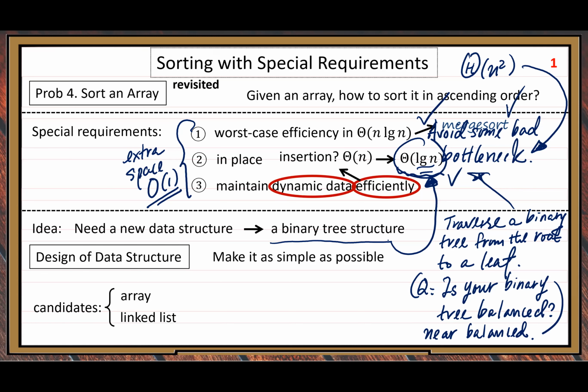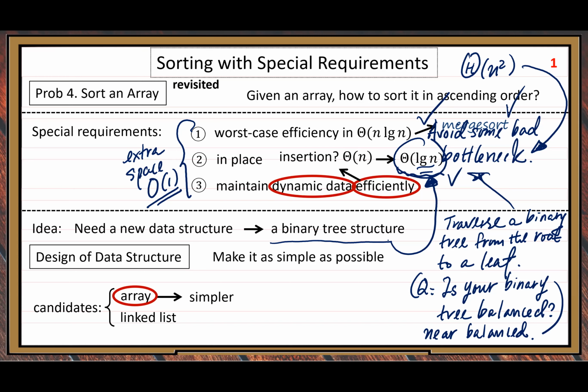Second, linked list. Because there are pointers used as links to point to other nodes, it looks related to binary tree, right? But here we favor the array data structure, because it is simpler than linked list.